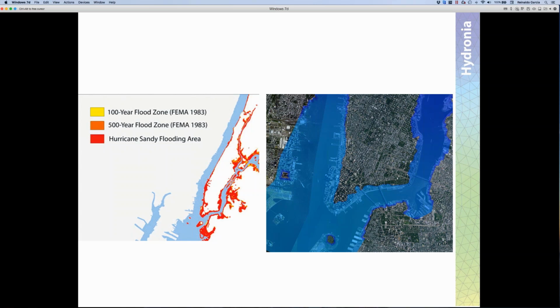Again, we are not pretending that we are calibrating or trying to replicate anything. There was no calibration involved at all here, but I was curious to know how good or bad we were at getting the depth, or at least the impacted areas. I found this map online where it shows in red the Hurricane Sandy flooding areas, and they come pretty close to what we got here, even though we didn't add a lot of detail on the streets or buildings, particularly in this part of the area.